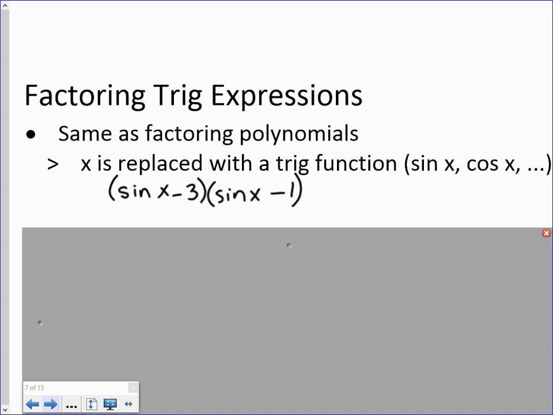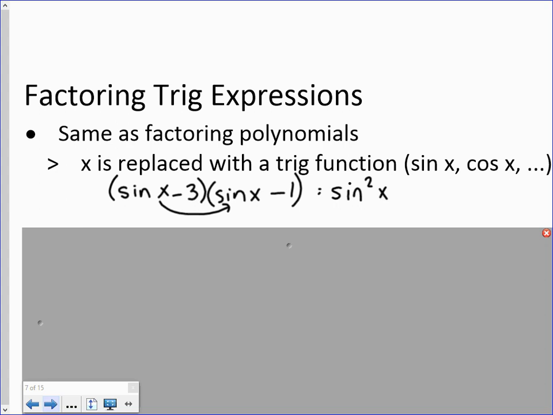That's what the factored form will look like. Instead of x minus 3 and x minus 1, they're going to have sine, cosine, tangent, whatever. If you were to multiply this out or FOIL this out, sine times sine would be sine squared. So you'll get a sine squared.